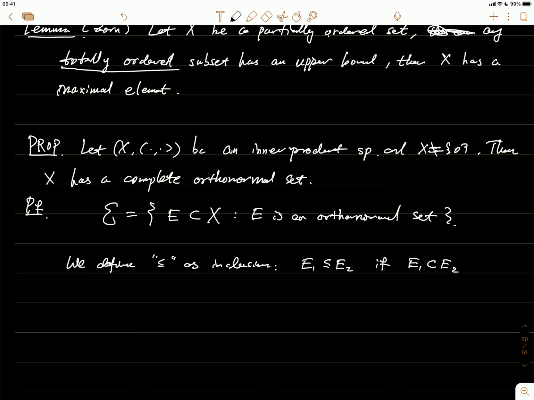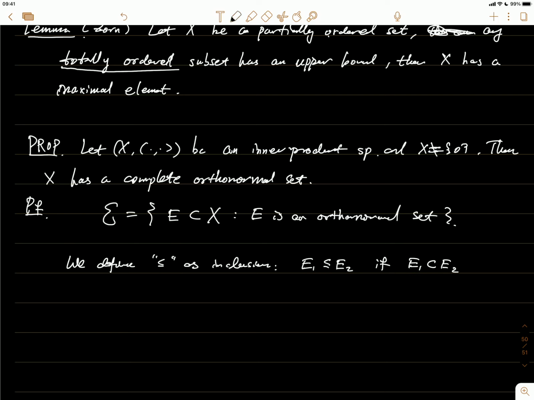That means E1 has a bunch of orthonormal vectors, and E2 also has orthonormal vectors. If E1 is a subset of E2, then we say that E1 is less than or equal to E2. This is how the order is defined. Apparently not every pair of sets in this collection can be compared, but we can define this anyway in terms of inclusion.